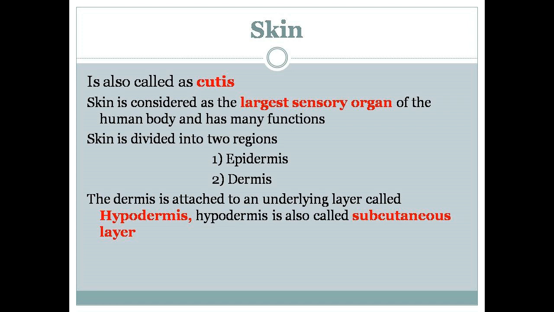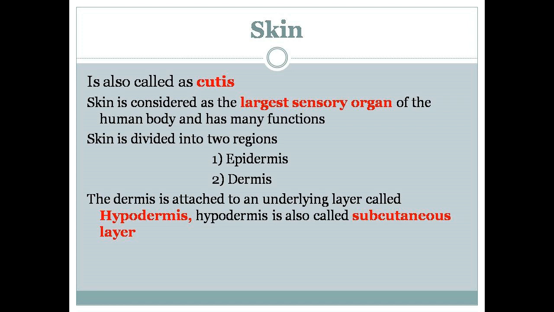And it has many functions, such as feeling, okay, and also it protects our body from microorganisms, and also from physical damages. And skin is divided into two regions, okay. One is epidermis and the other one is dermis.